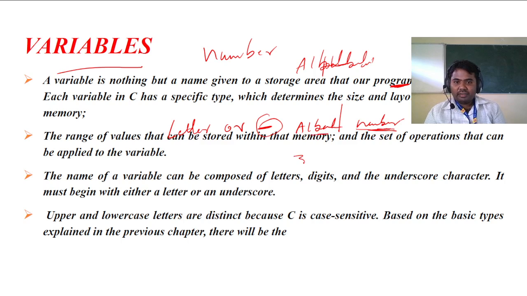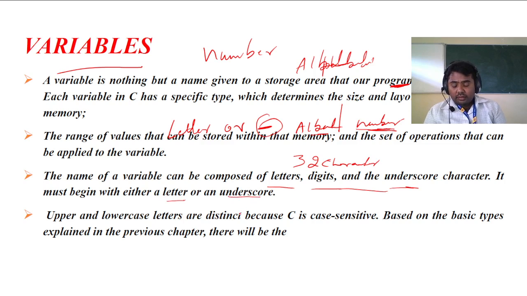Some systems allow up to 32 characters. So a variable is composed of letters, digits, and the underscore character, and it must begin with either a letter or an underscore.